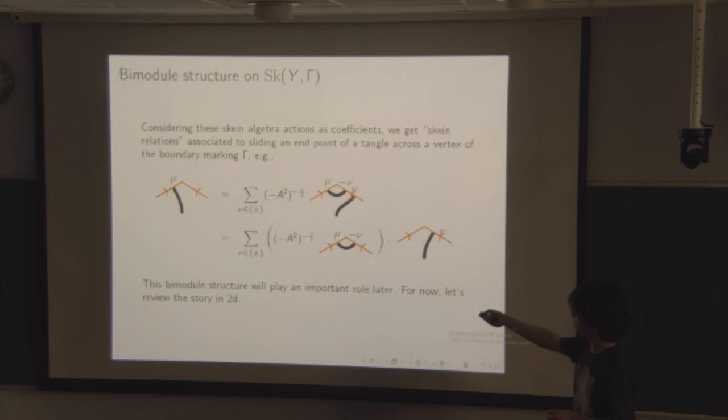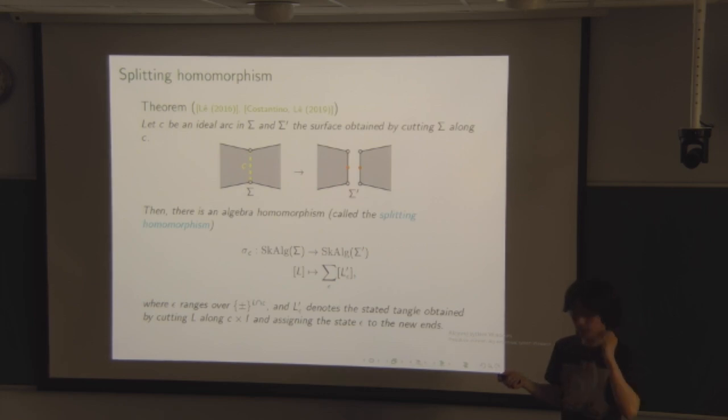So this is just one way to think about this bimodule structure. And yeah, this bimodule structure will play a very important role later. But for now, let me review the story in 2D. So probably the most important property of stated skein algebras is that they admit an algebra homomorphism called the splitting homomorphism.